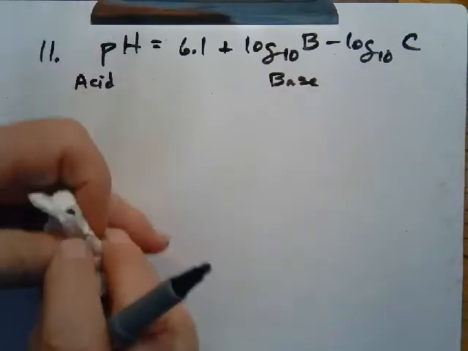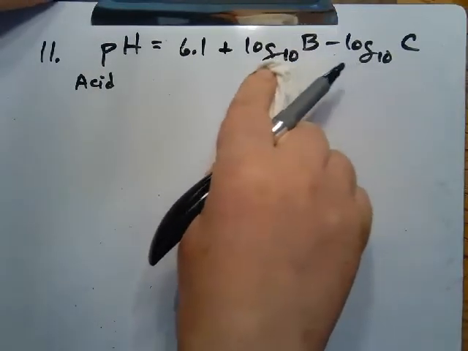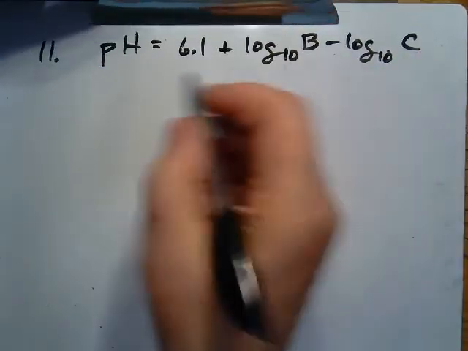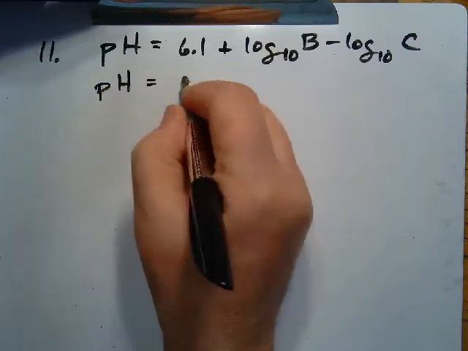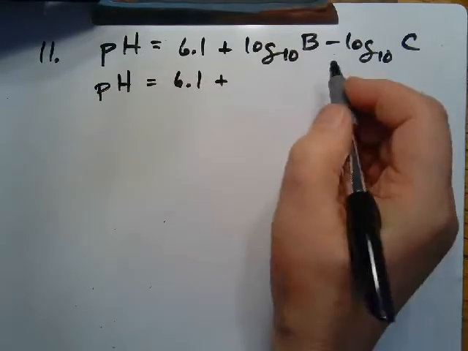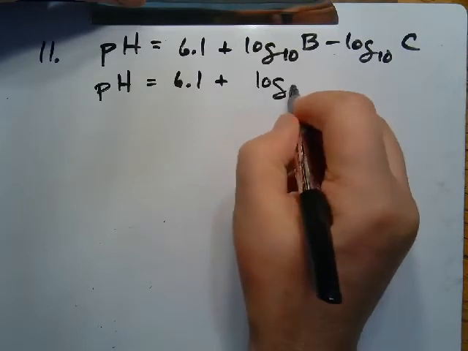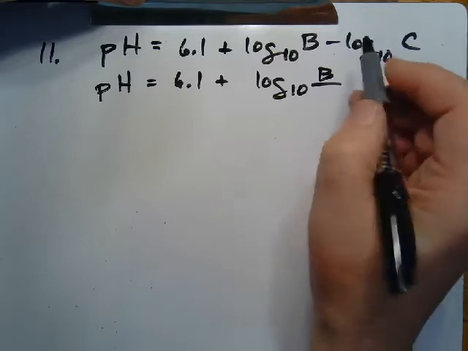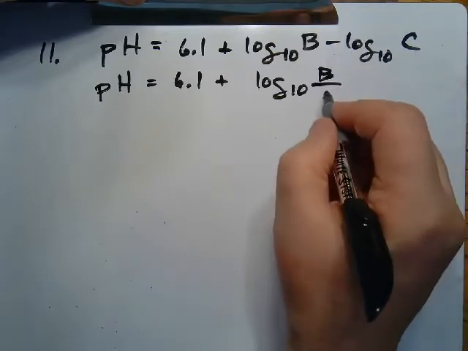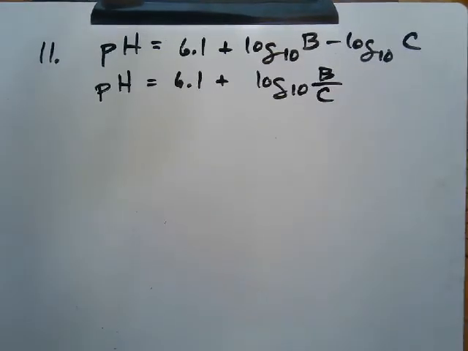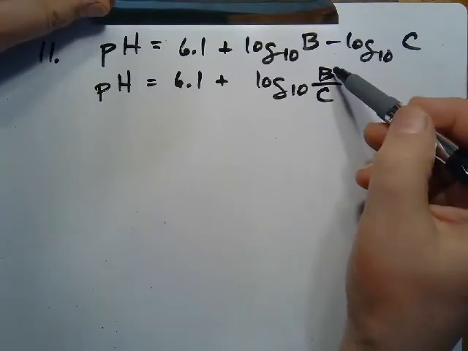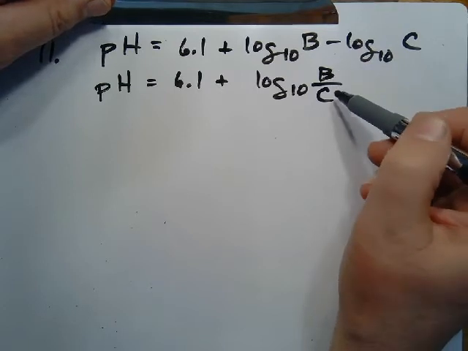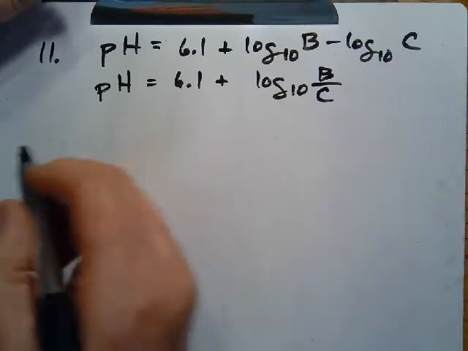Well, if I'm going to simplify this formula, I just need to recognize that when I'm subtracting logs, that's just a ratio. So the pH is 6.1 plus this ratio, log base 10 of B, which is positive in the front, so that goes on the top, and C, which is negative, which makes this go on the bottom. So there's the formula rewritten. It's a ratio between the bicarbonate, the base, and the carbonic acid.